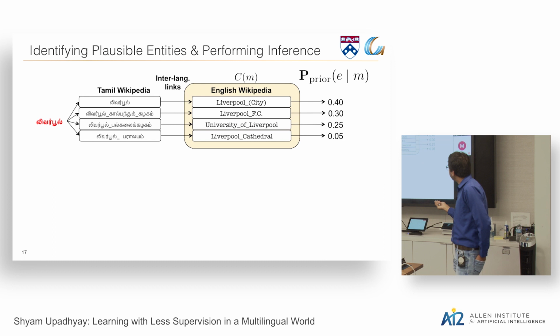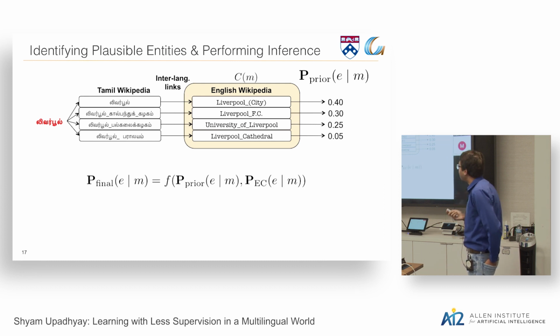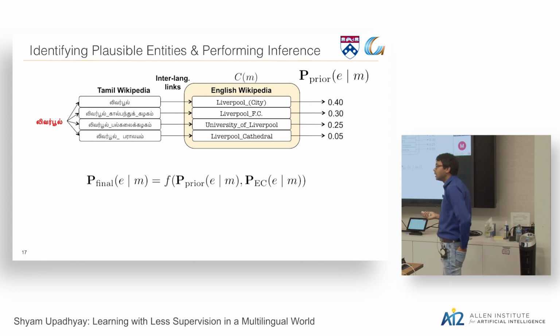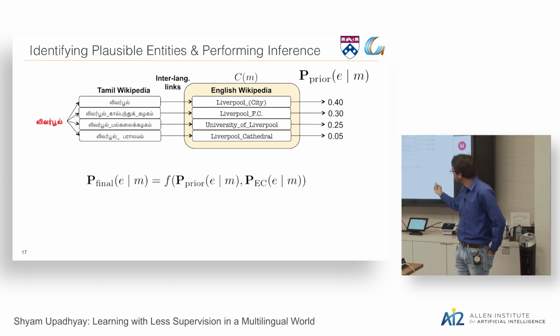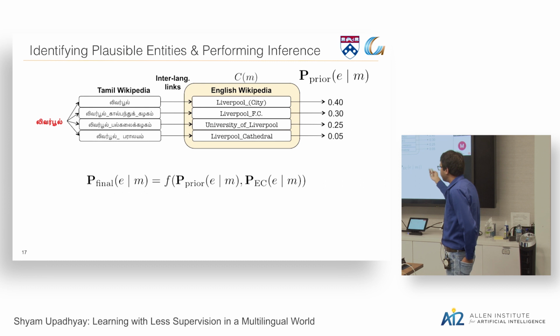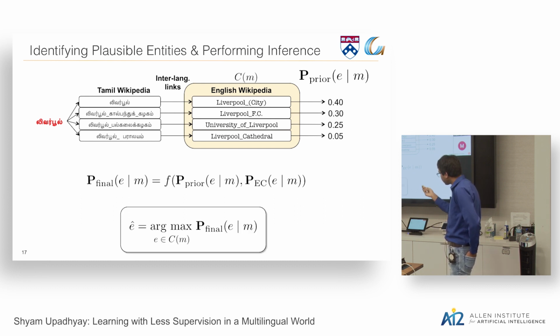Now, this prior probability will get combined with the probability distribution learned by the model in the previous slide, so the probability of linking to the entity given the context, by some function f. In our case, we simply use union, but this could have been a learned function. And finally, at inference time, we simply take the argmax with respect to this small set of candidates for computing the prediction. So the negative entities would be simply the other candidates.